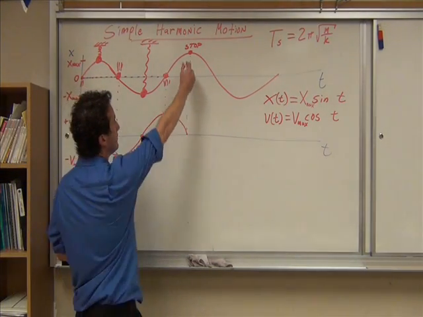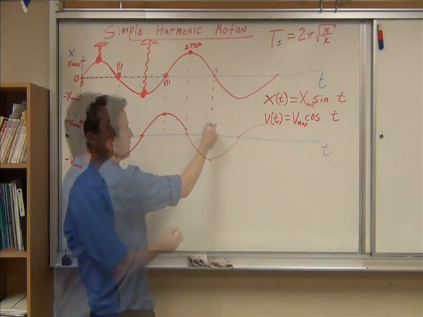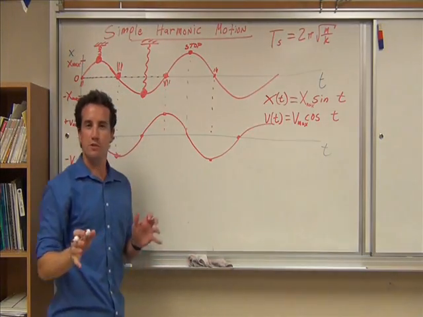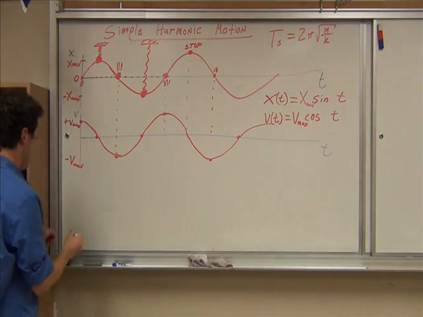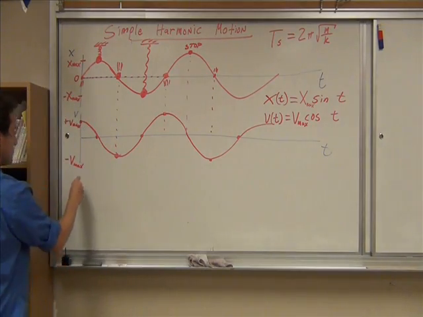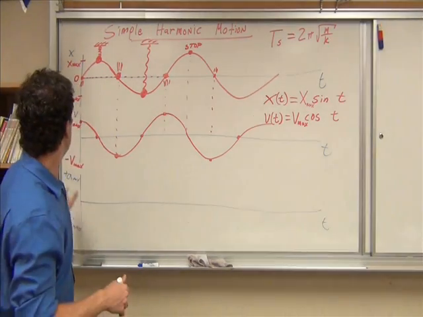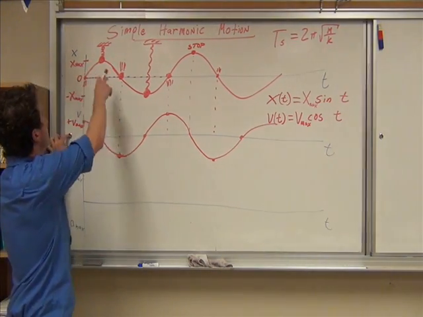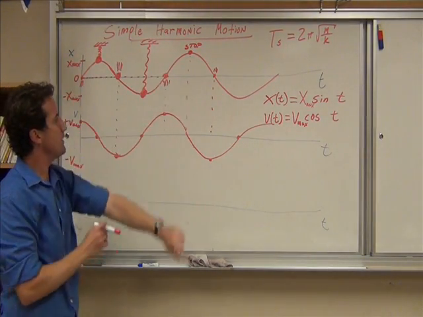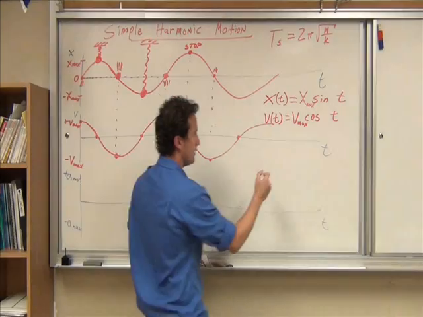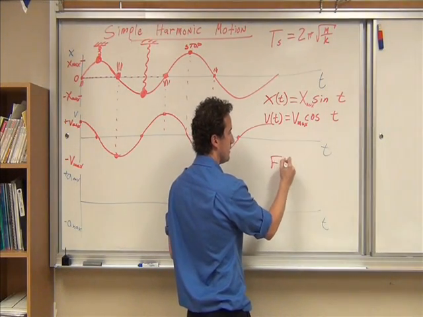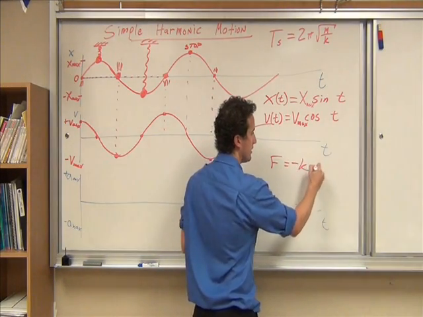Lastly, well, I'm going to extend this a little bit more. See, these graphs are always moving together. Lastly, we're going to graph acceleration. Acceleration is the change in velocity with time, but looking closely, there's another way to figure it out. You may have forgotten that F equals negative kx.